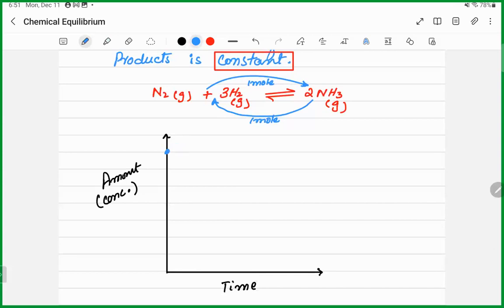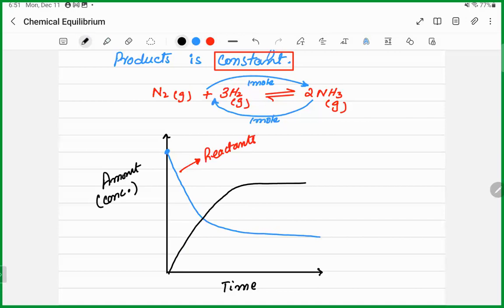So क्या होगा, इनिशियली द अमाउंट ऑफ रिएक्टेंट इज मैक्सिमम, और फिर वो कम होते होते एक पॉइंट पे आके इट बिकम कांस्टेंट. सॉरी, दिस इज द अमाउंट ऑफ reactants, and this one is the amount of product. प्रोफाइल समझ आ रही है? रिएक्टेंट इनिशियली मैक्सिमम थे, जैसे जैसे रिएक्शन प्रोसीड करता गया कम होते गए और फिर कांस्टेंट हो गए.